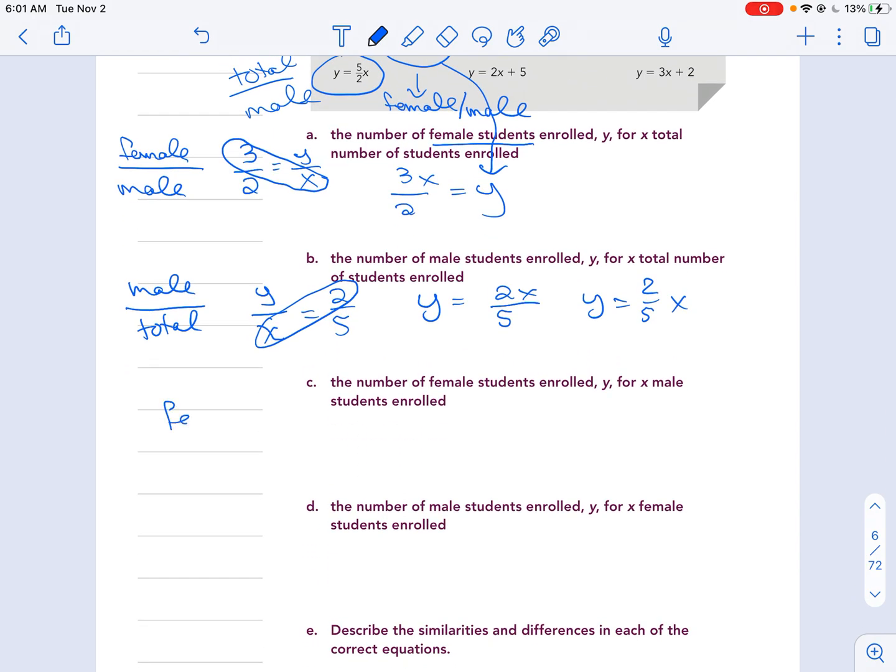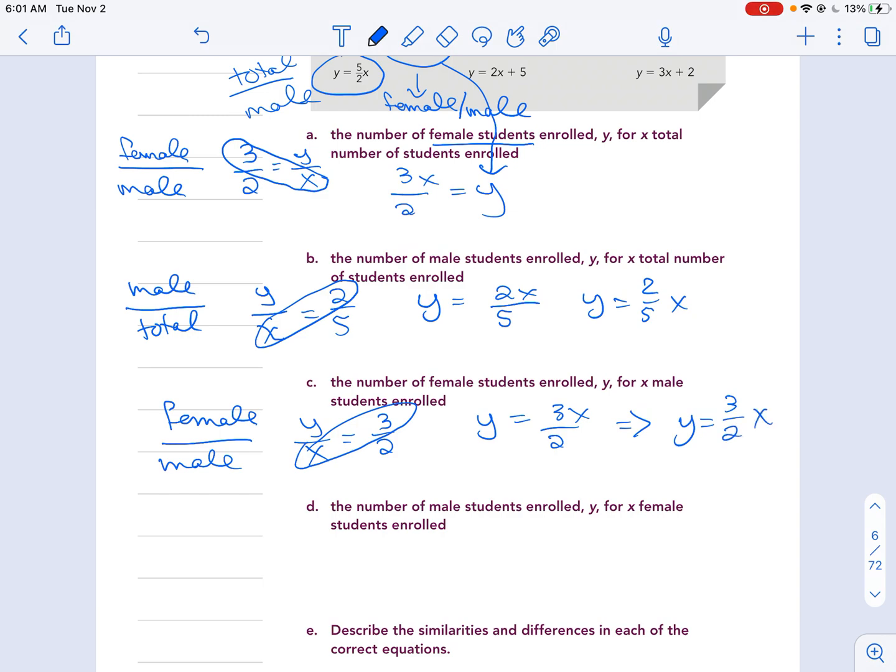This one, I have female to male, and we said that's y to x. So female to male is 3 over 2. So if I multiply this, I get y equals 3x over 2, which is the same thing as y equals 3/2 x.